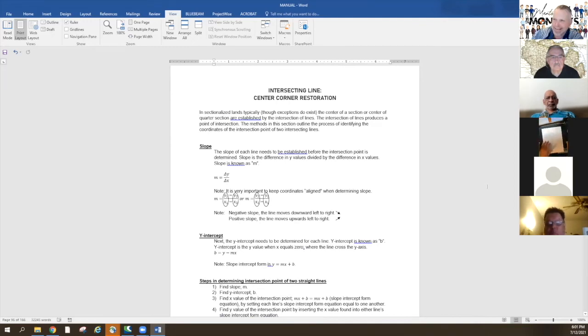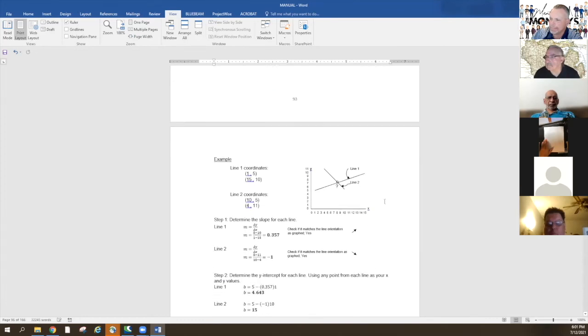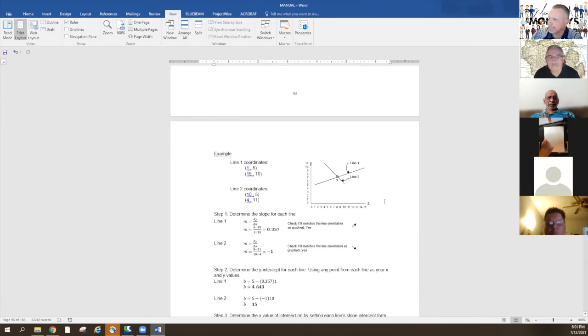But let's say you have, the only information you're given are the northings and eastings of two lines. And what do I mean by that? If you look at my diagram here, you can see where you have two lines.